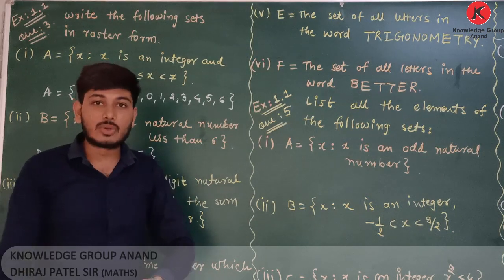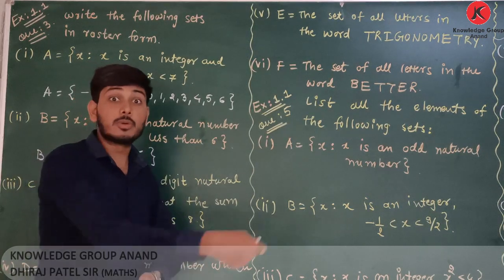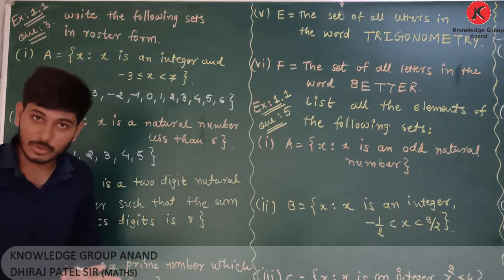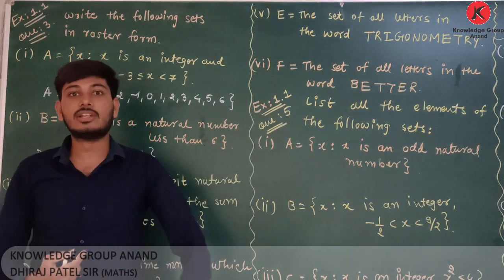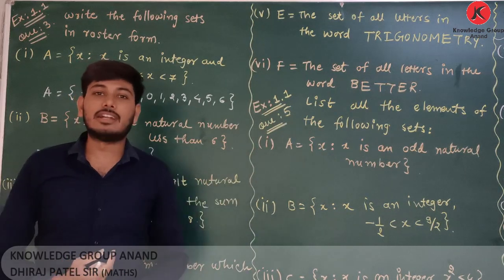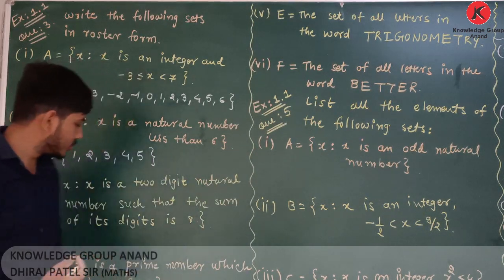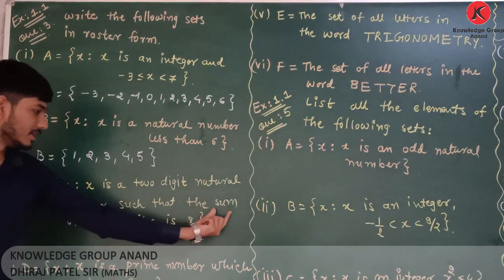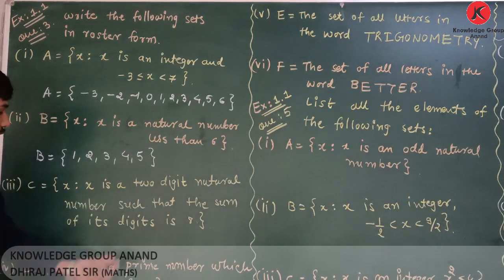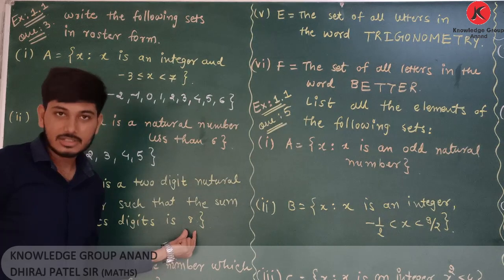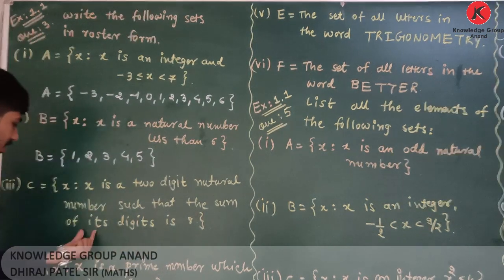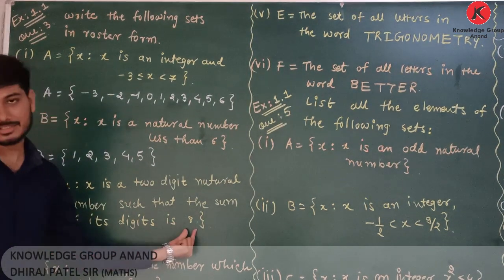Then 10, 11, 12, 13, 14, 15 up to 99. There are 90 2-digit natural numbers. From these, we have to write the natural numbers whose sum of digits is 8.